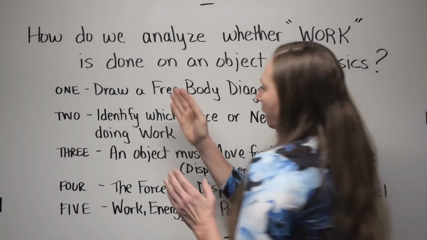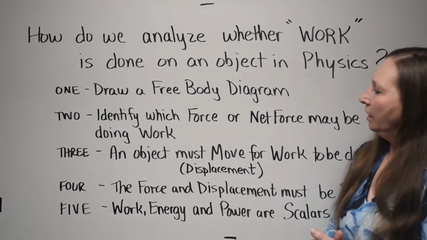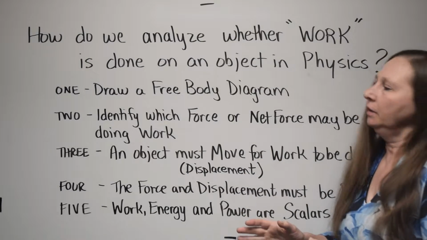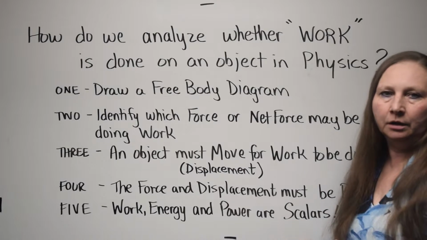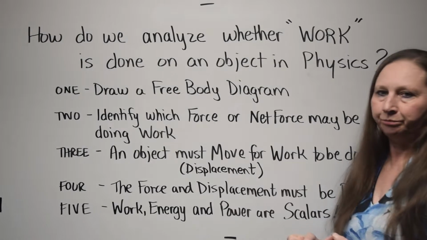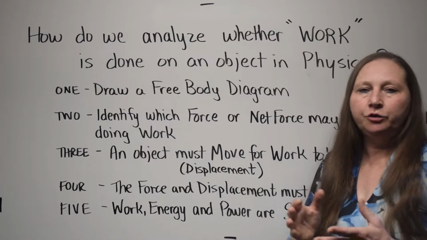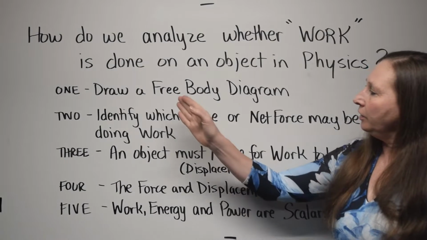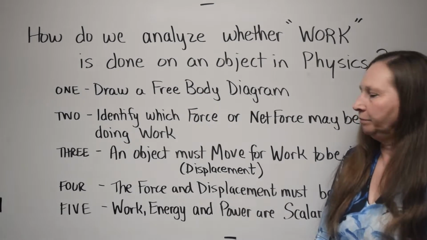Now, here we have 5 techniques or things that you should consider to figure out whether or not work is being done on a particular object. I'm sure that you've been taking physics for a while now, and you've probably drawn a free body diagram.